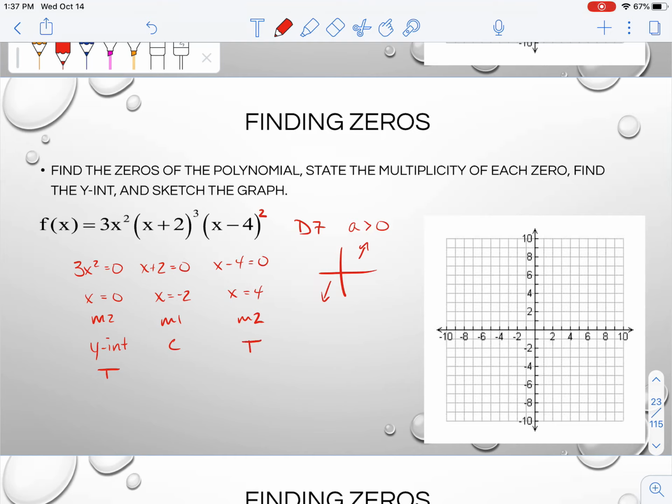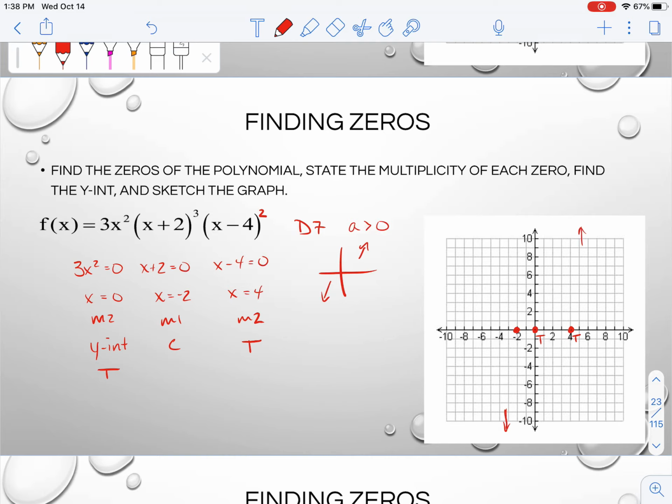Okay, so let's sketch this in. I've got an intercept at negative 2, an intercept at 0, and an intercept at 4. At 4, I touch but don't cross, and at 0, I touch but don't cross. I know my end behaviors have to be down and up. So if I start on the left, I'm below the axis.